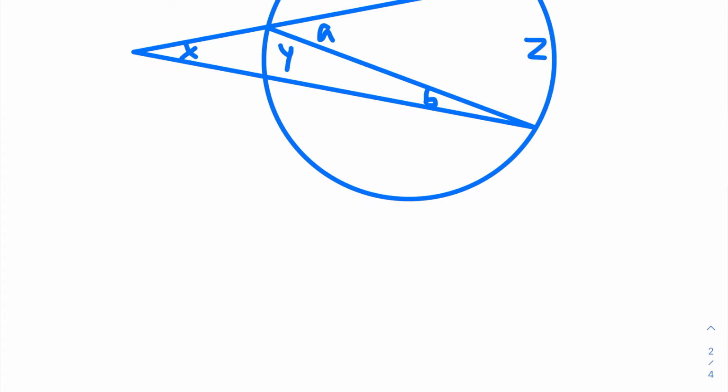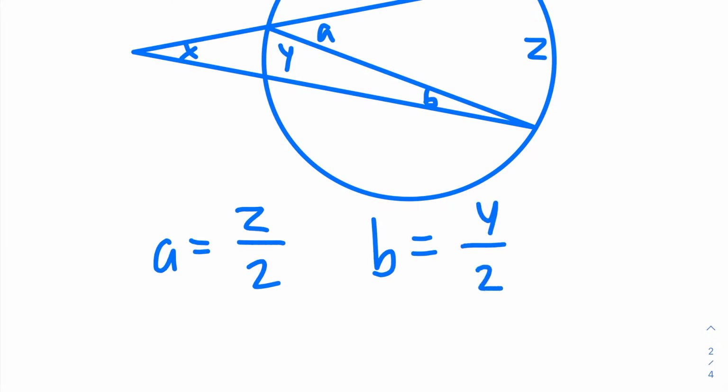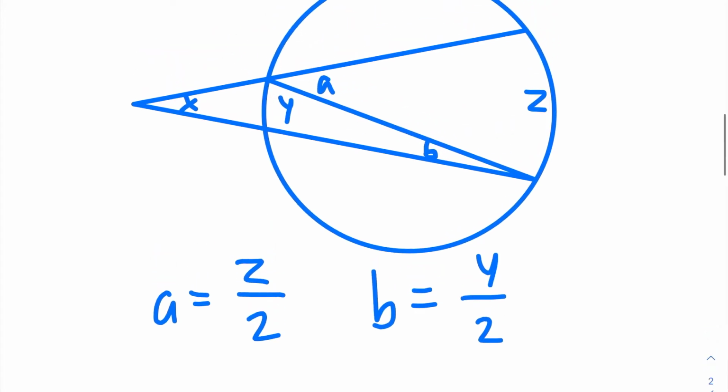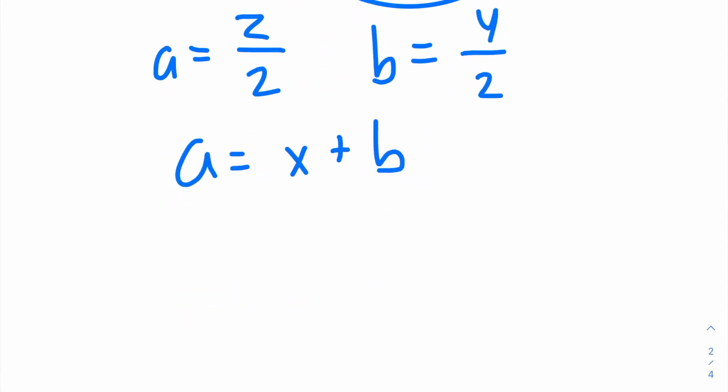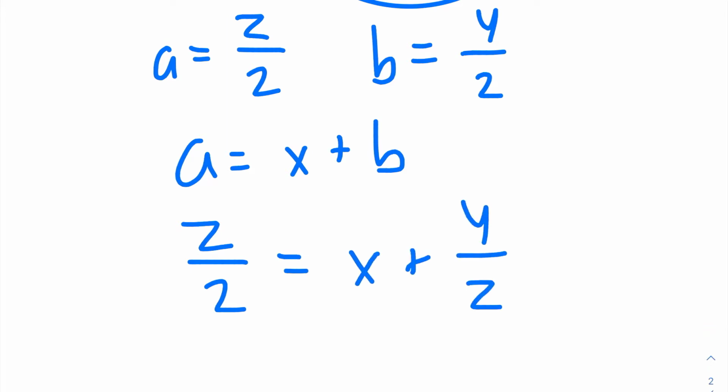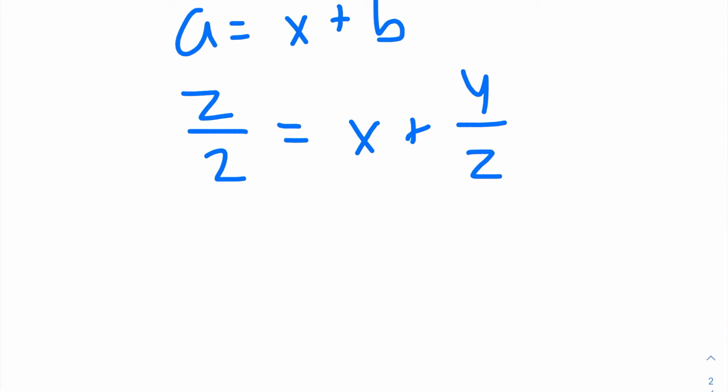So A is equal to Z over 2, B is equal to Y over 2, because Z is the measure of this arc, and Y is the measure of this arc. We know that A is equal to X plus B, and if we substitute Z over 2 for A, and Y over 2 for B, we get this equation.